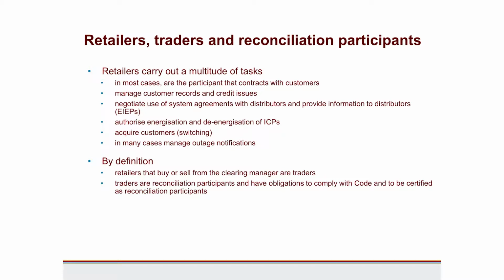They'll manage credit issues, they'll manage connection issues, they'll manage energisation and de-energisation issues as well. They will acquire customers, so they'll participate in the customer switching process, and in a lot of cases they'll manage the outage notification. So they have quite a wide range of things that they do.